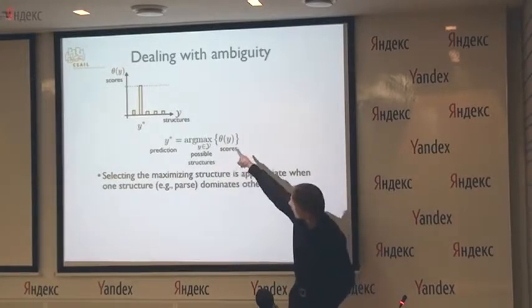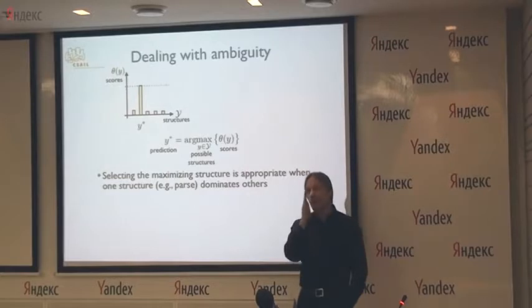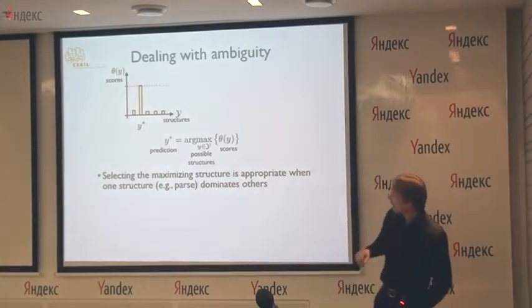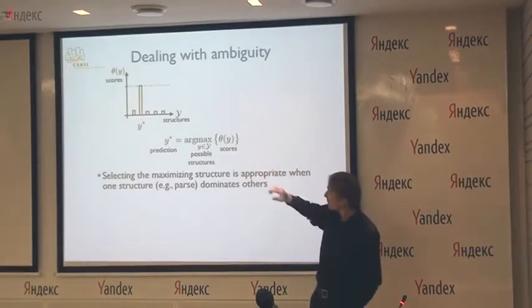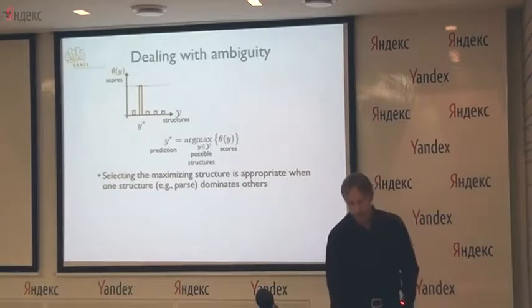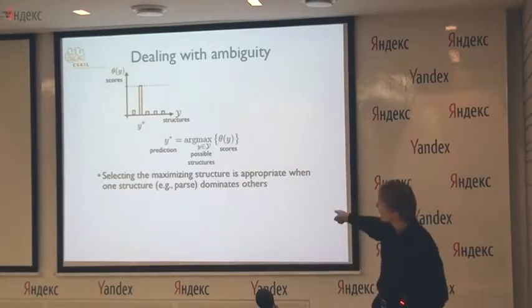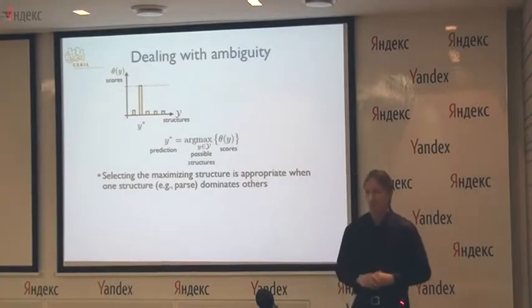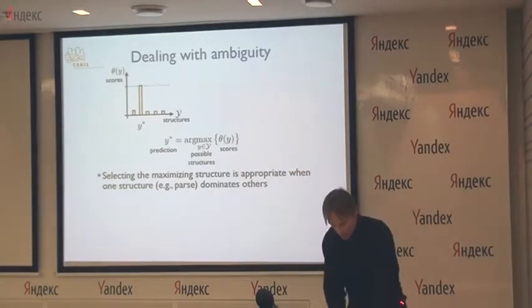And the graph there just shows if you enumerate the structures and the corresponding scores as bars, then there's this case here where there is one dominant structure that would be selected. In such cases, this type of prediction is perfectly valid. All right? So no real ambiguity there.